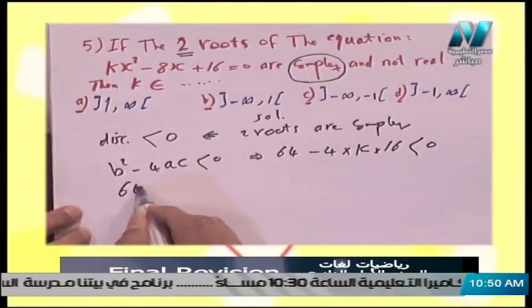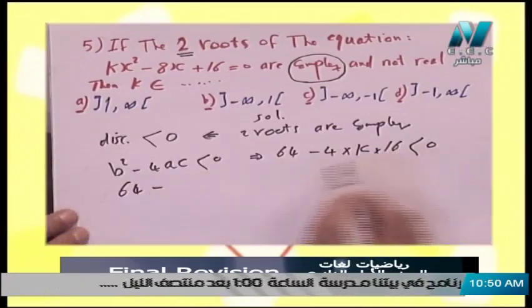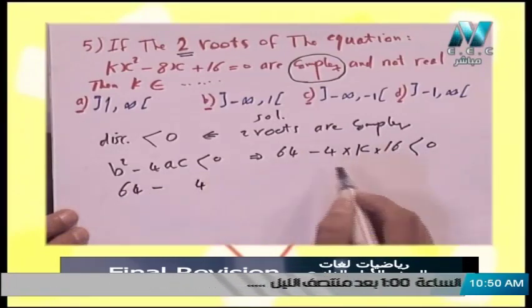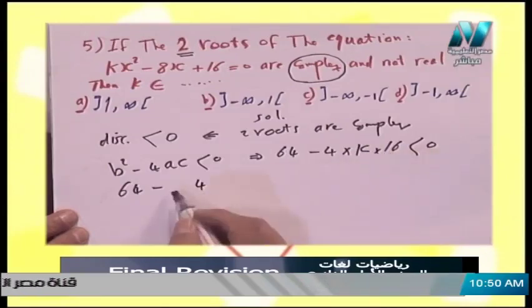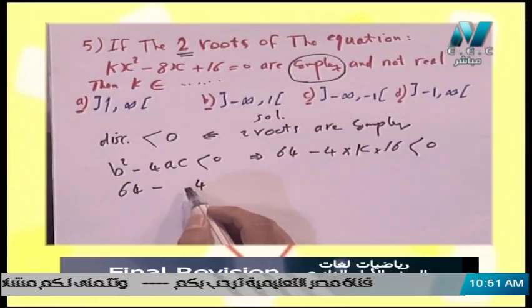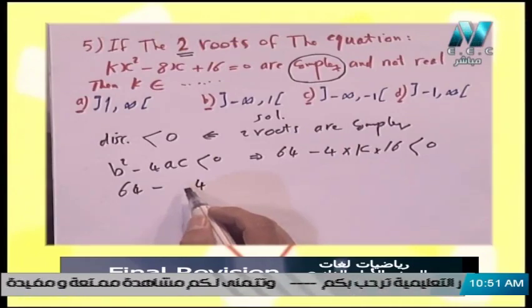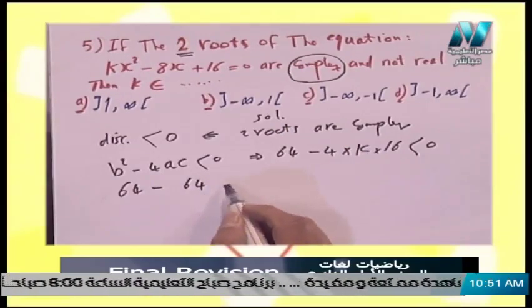So 64 minus 4 multiply 6 equal 24. 4 multiply 1 equals 4. And we have 4 before. So we have 64 also less than 0.